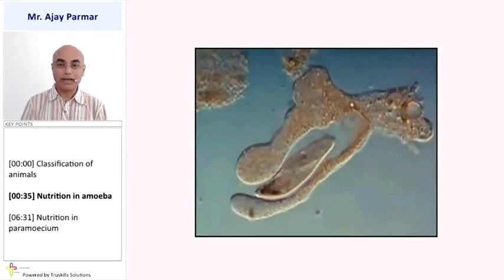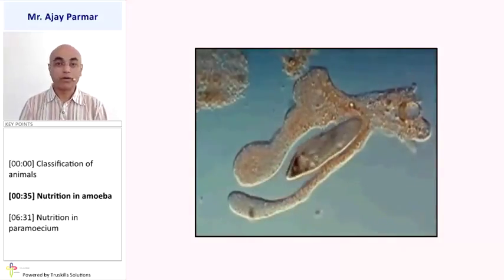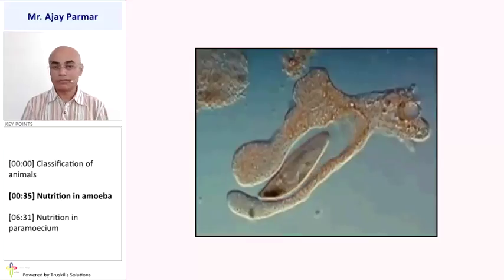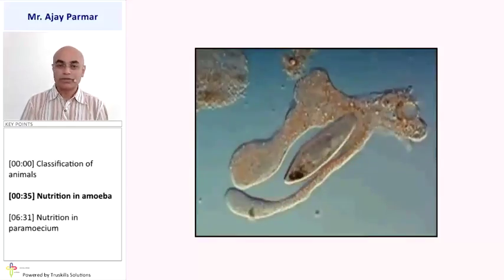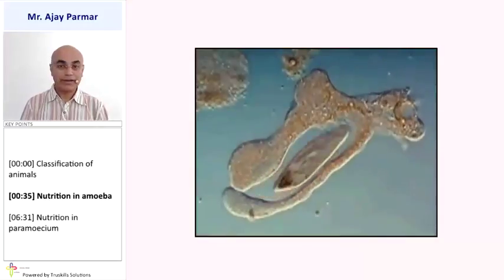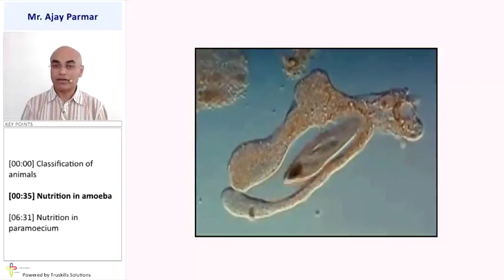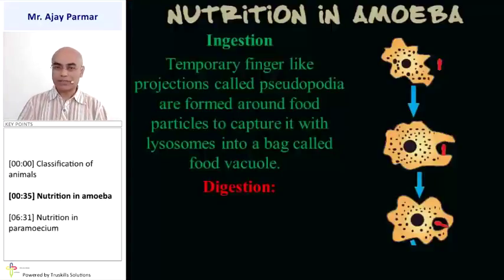So, amoeba will have its feast within some time at the cost of paramecium, obviously. That is nature's rule. See how the food vacuole is being created, and that paramecium is entrapped in that food vacuole. What would be the next stage?